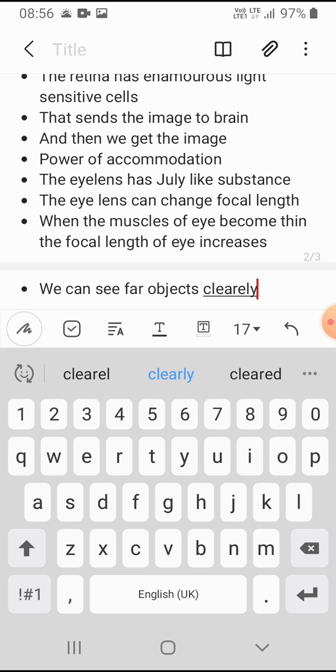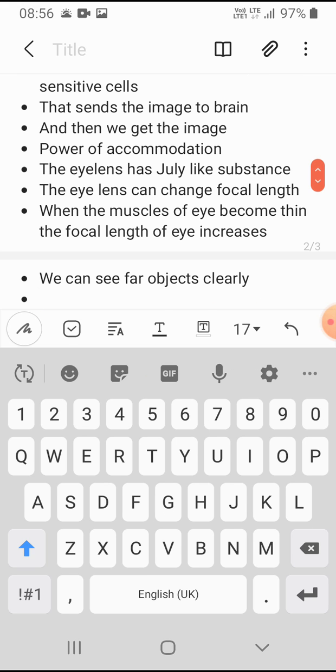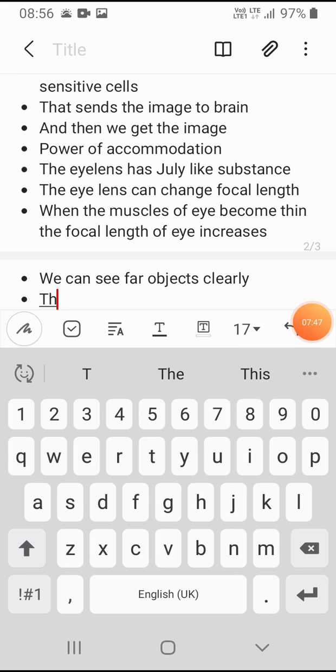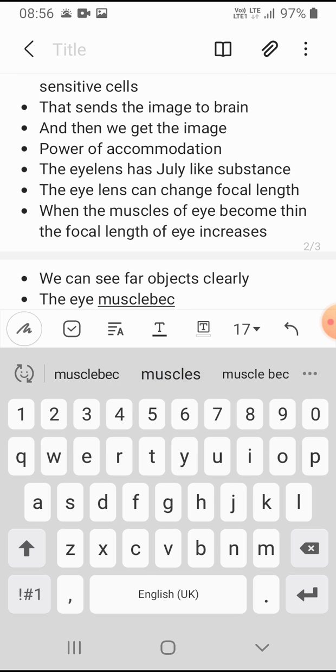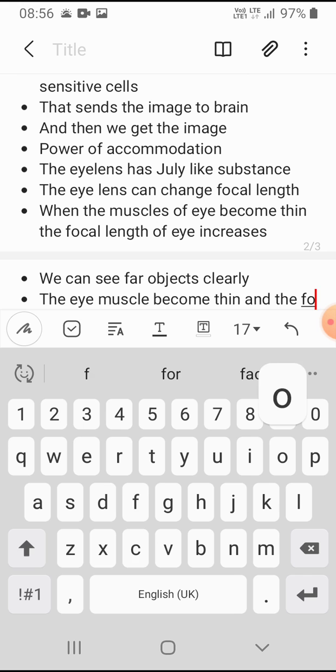When the eye muscles become thick, the focal length decreases.